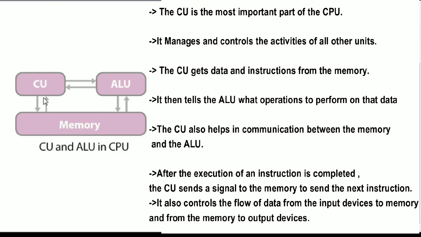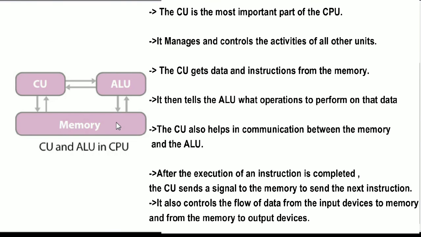This is a picture that shows the flow of information. The control unit controls all the devices and sends the input to the ALU. The ALU processes the data and after processing sends it to the memory. In the ALU we can perform every operation, and the ALU sends the result to the memory.